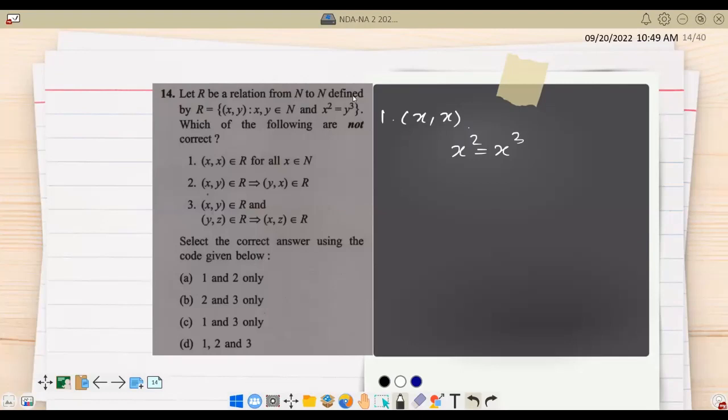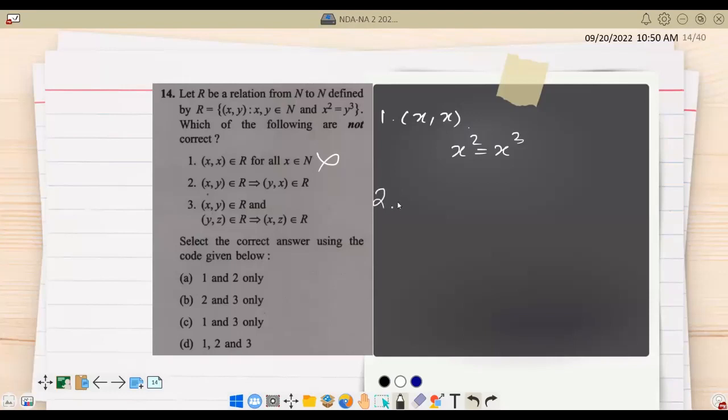Also 0 is not a natural number, it is a whole number. So 1 satisfies this equation, but not all natural numbers do. So 1 is not true.